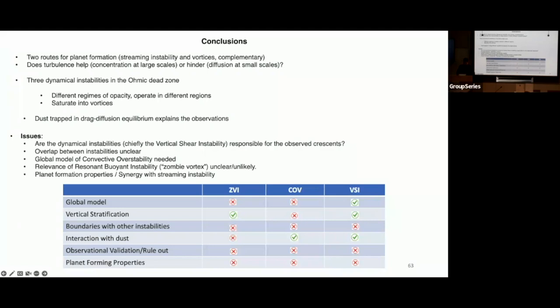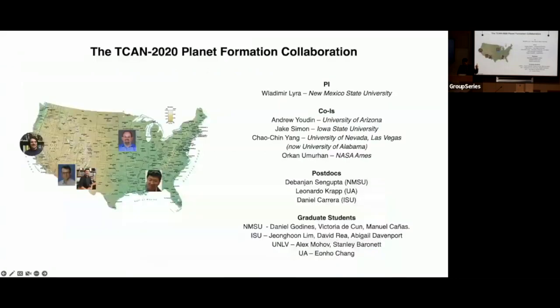Yeah, well, excellent question. Thank you. Indeed. One of the people in the collaboration, so this is the TCAN collaboration, the TCAN that we got in 2020, Orkan, actually, he's at Ames. That's what he's doing right now.